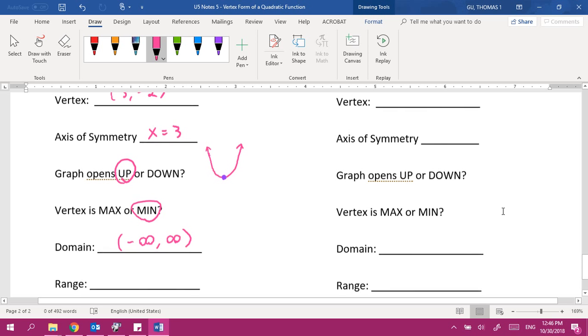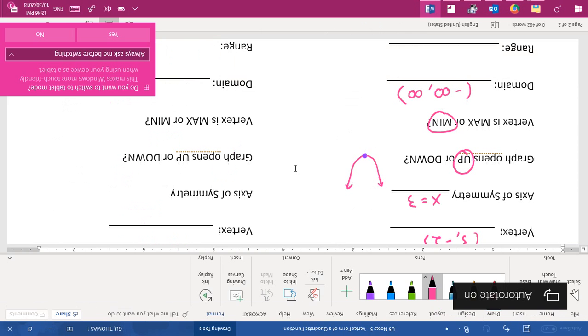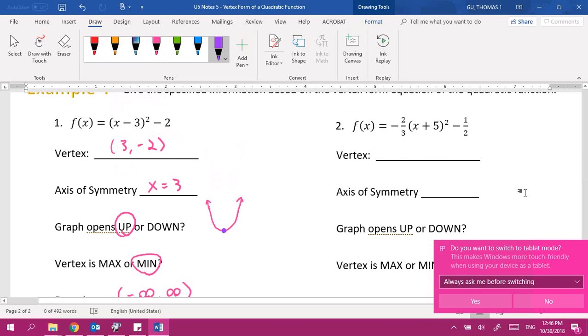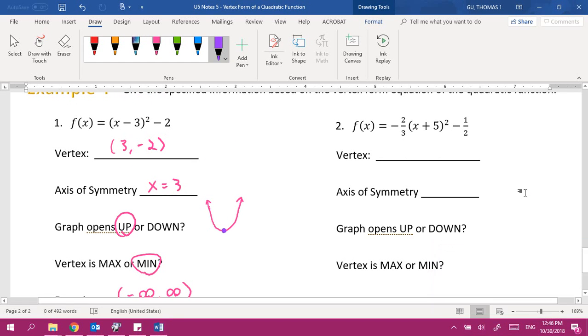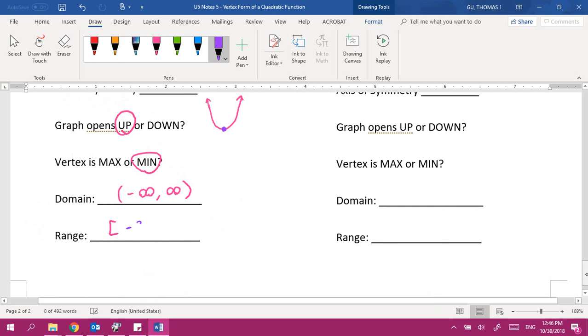There we go. So what'd you say it's going to be? Brackets -2 to infinity, that's right. Okay, so that's one of them.